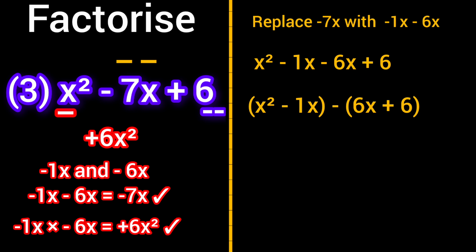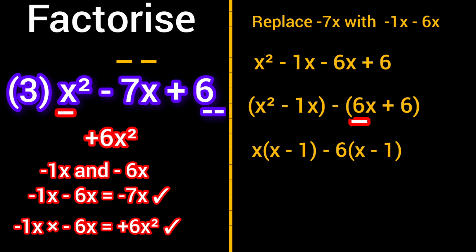When you look, you find out that both of them have s in common. We factor s out and we have s minus 1 close bracket minus, then when you look at the other side, both of them have 6. We factor minus 6 out, we have s minus 1 bracket close.